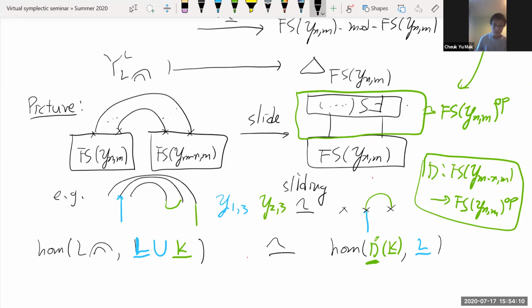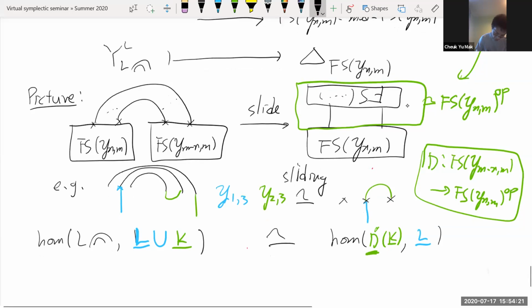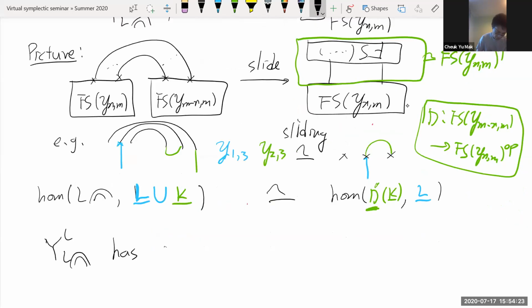In particular, it means that the left Yoneda embedding of this L rainbow, I mean the components of this guy with respect to the semi-orthogonal decomposition, all of them are diagonal bimodules.